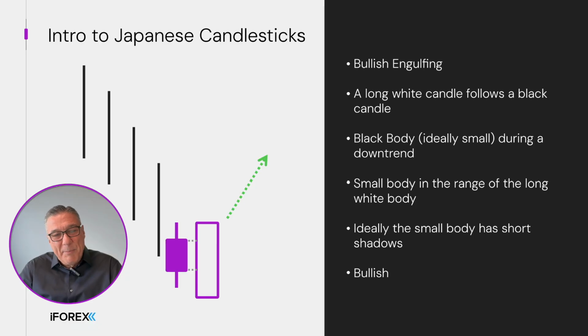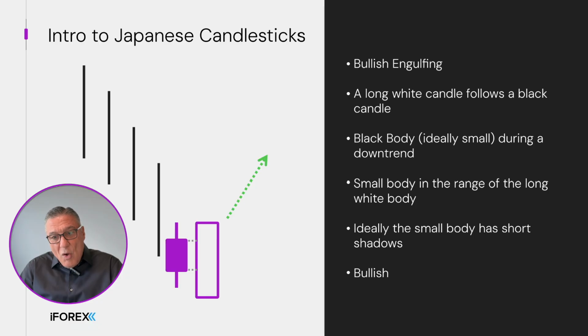Again, a prerequisite is a downtrend, a clear decline, and then a short black body, ideally is short, confirms the downward direction, right? It's a downtrend, and then we identify a black filled, a bearish candlestick.